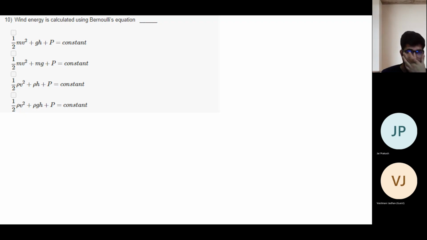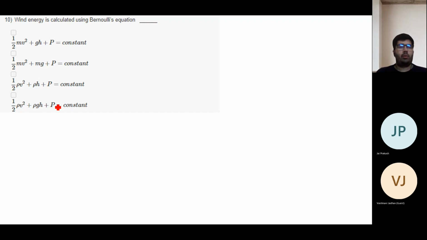Just try to think, because I think your answer is partially correct. Fourth one: half rho v square plus rho gh plus p is constant. Yeah, because we also need the g in.